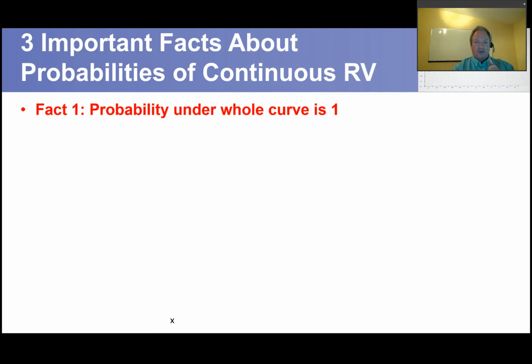So the first fact is that when we're given these probability distributions, the area under the whole curve is 1. The second really important fact is that probabilities are actually areas under the curve.